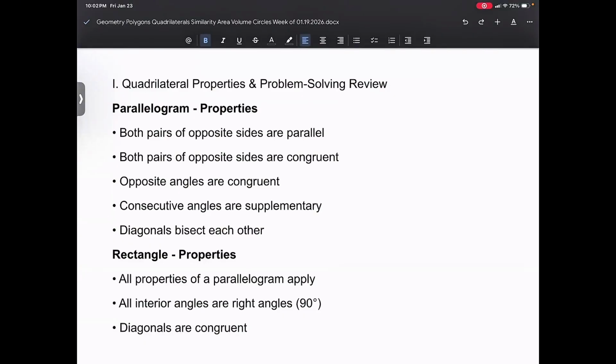Properties are things in quadrilaterals you just need to know. I specifically isolated parallelogram and rectangle. There are others you need to know, such as a kite, an isosceles trapezoid, a regular trapezoid, a rhombus, a square, and so on, but I just picked the two most basic here.